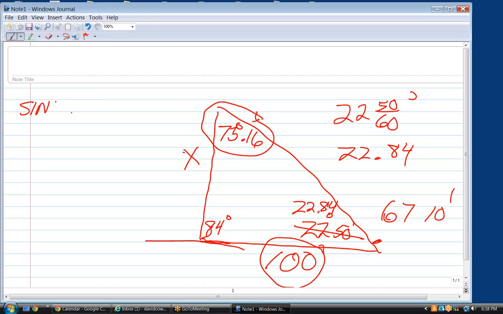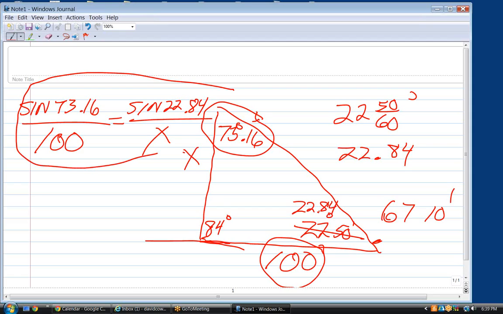So the sine of 73.16, all divided by the opposite side, 100, equals the sine of 22.84 over x. There are three numbers and a variable there, so we can solve for x. And that's all we need to solve for here.